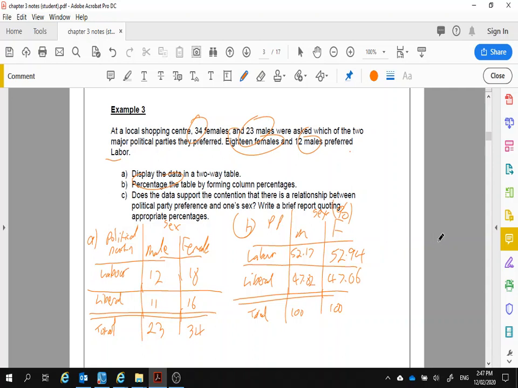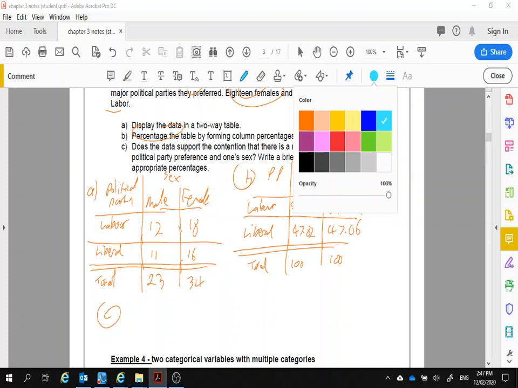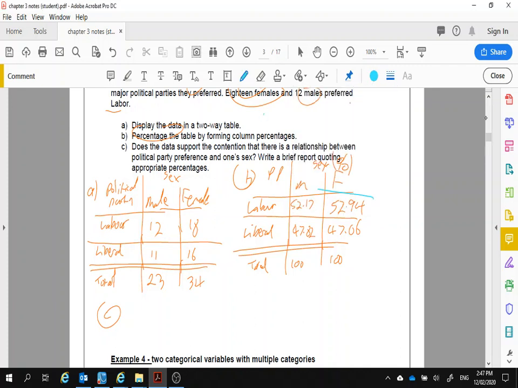Part C, does the data support the contention that there is a relationship between the political party and sex? So we've got to look at the percentages. And if we look at the Labour, they're so close, 52.17 and 52.94. So we'll say no. This contention is not supported. Remember, we need a 5% difference. Don't abbreviate like I'm doing in the SAC or the test.